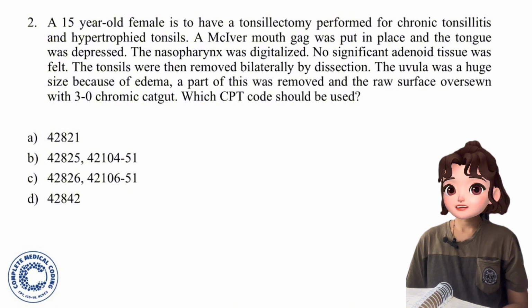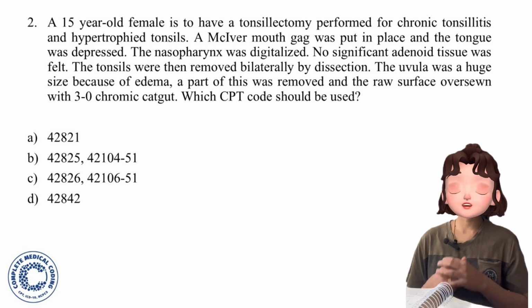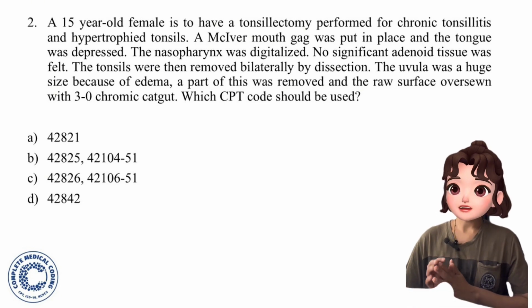The tonsils were then removed bilaterally by dissection. The uvula was a huge size because of edema. A part of this was removed and the raw surface oversewn with 3-0 chromic catgut. Which CPT code should be used? So here the procedure carried out is tonsillectomy.